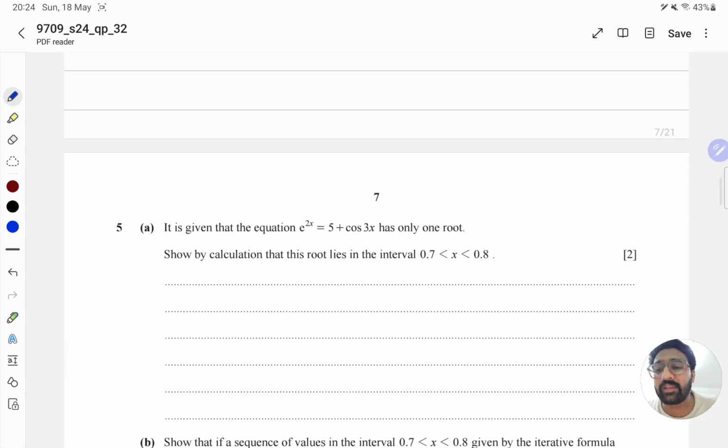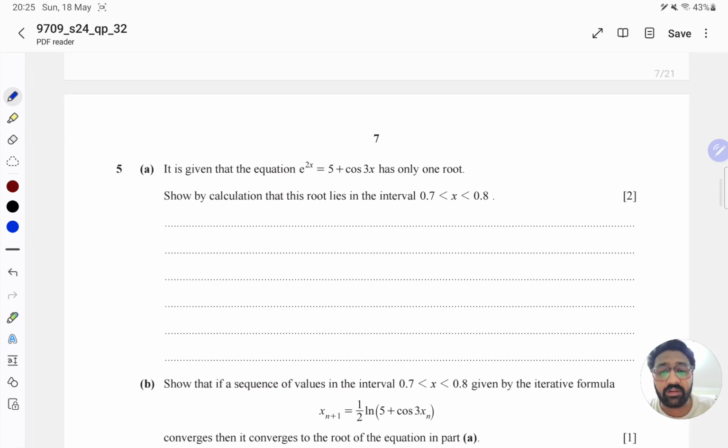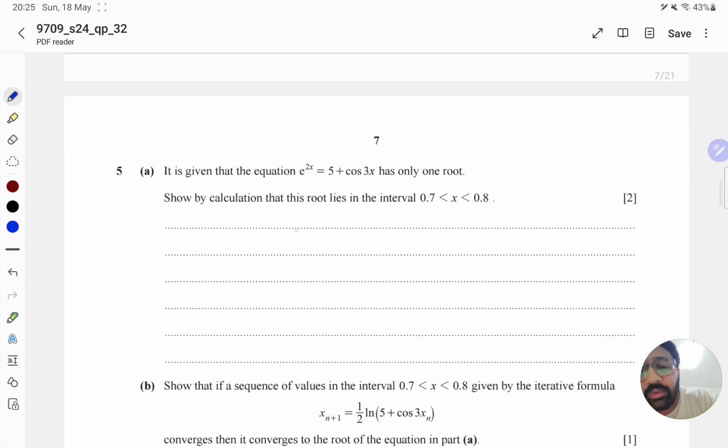Question number 5 says that it is given that the equation e raised to the power of 2x equals to this has only one root. Show by calculation that this root lies in the interval of 0.7 to 0.8. So first of all, I have to bring everything to one side so that I can make it like an equation.